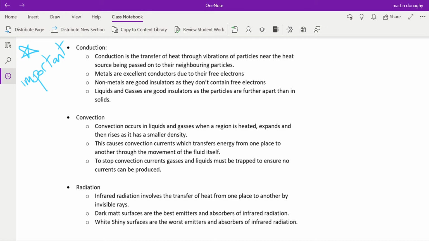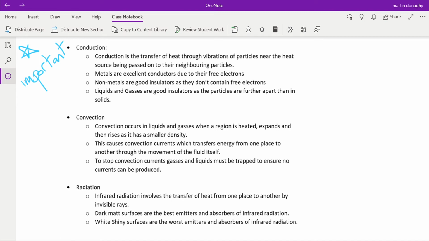So we get convection currents set up where the hot air or liquid rises, colder air comes in to take its place, that gets heated, and then that process continues. If we don't want heat to be transferred, we try to stop the fluid moving. So we trap either the liquid or the gas.